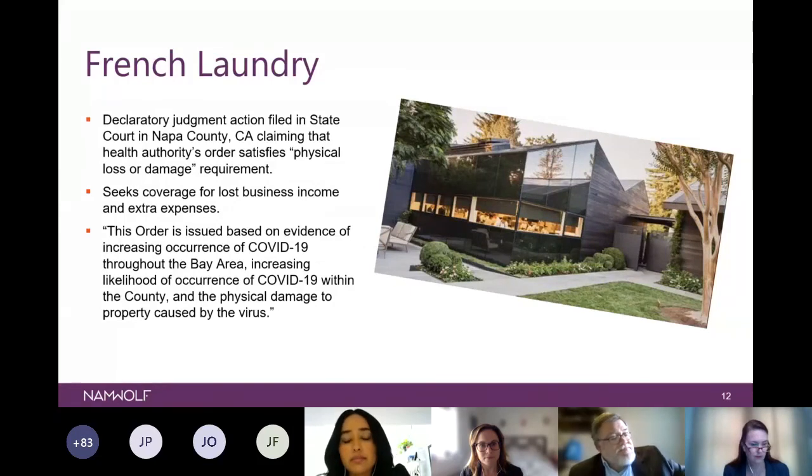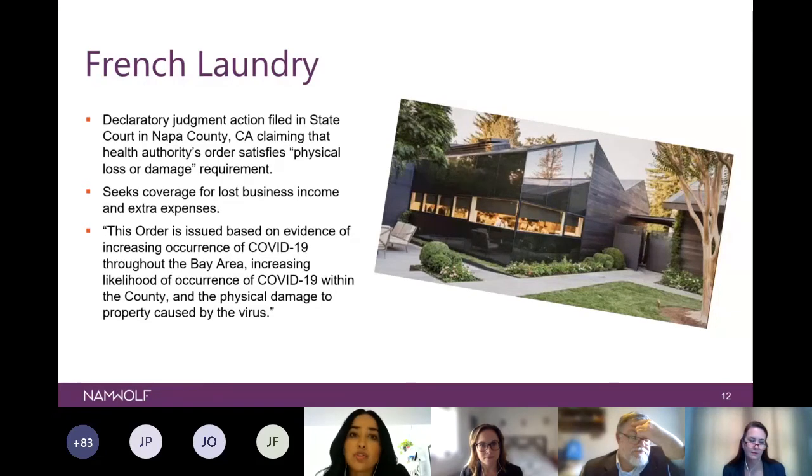And depending on where it's filed, whether it's in state court or federal court, these courts have an analysis that they have to go through to determine whether or not they would apply the law where it was issued or, you know, where it was brought. So, those are other factors that are going to really be significant when determining whether or not there's coverage under the policies.